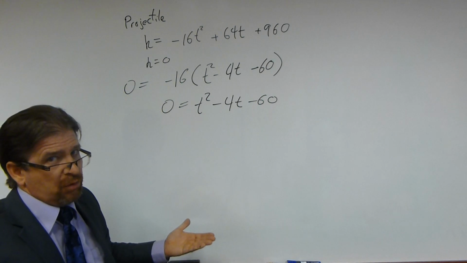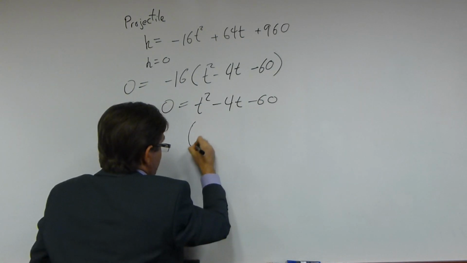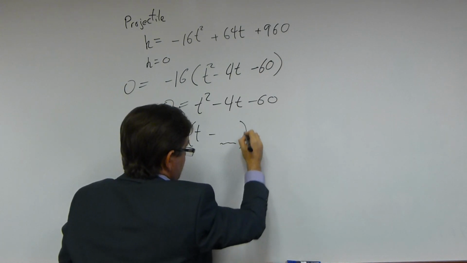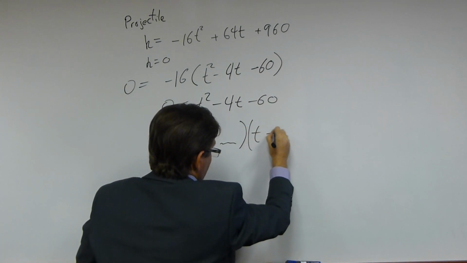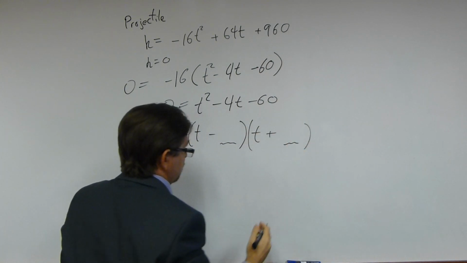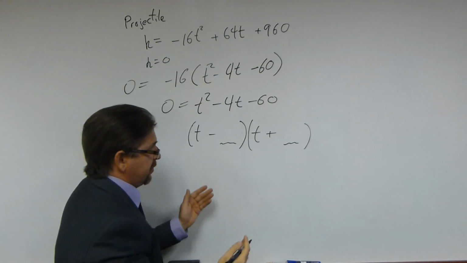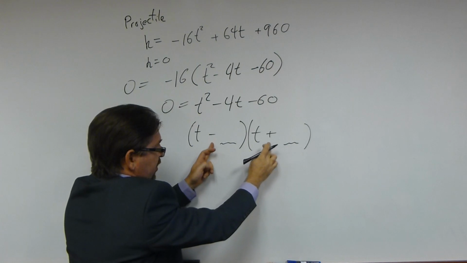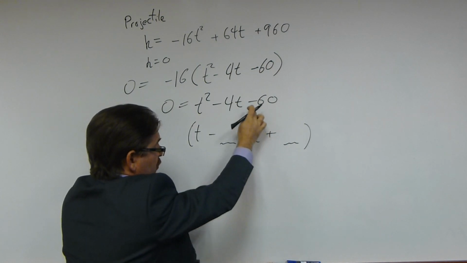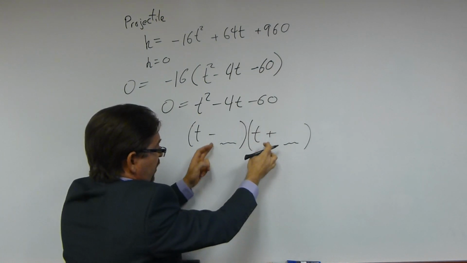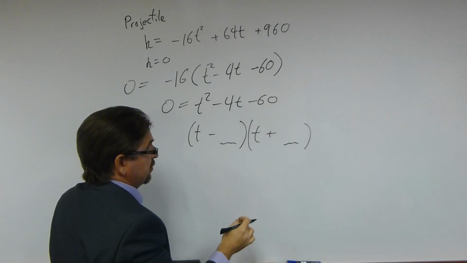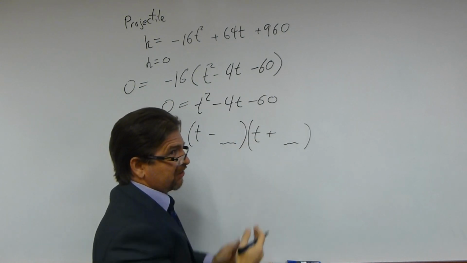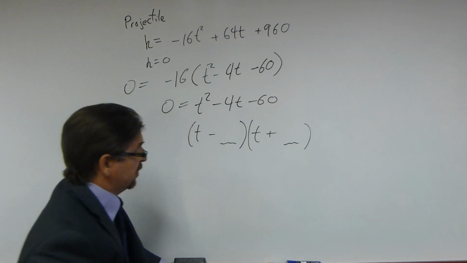Okay, well, we know from factoring that this is going to be t minus something, t plus something. We know we have a minus and a plus because we have a minus right here. A minus and a plus multiplied gives you a minus. Two minuses? Nope, it'll give you a plus.